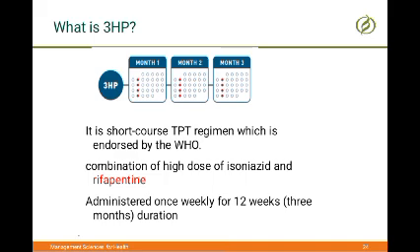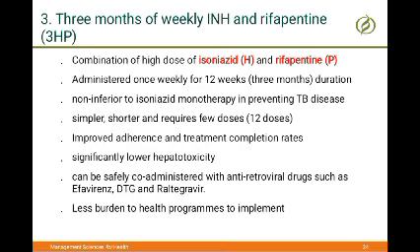Combination of high dose of isoniazid and rifampicin administered once weekly for 12 weeks or 3 months duration. 3 months of weekly INH and rifampicin, that means 3HP. Combination of high dose of isoniazid H and rifampicin P administered once weekly for 12 weeks or 3 months duration.